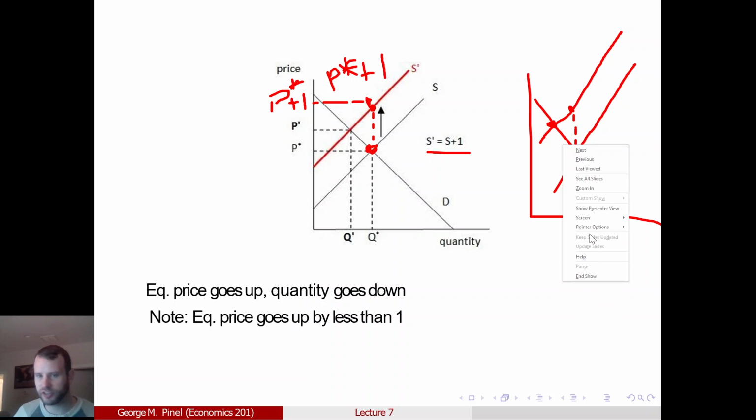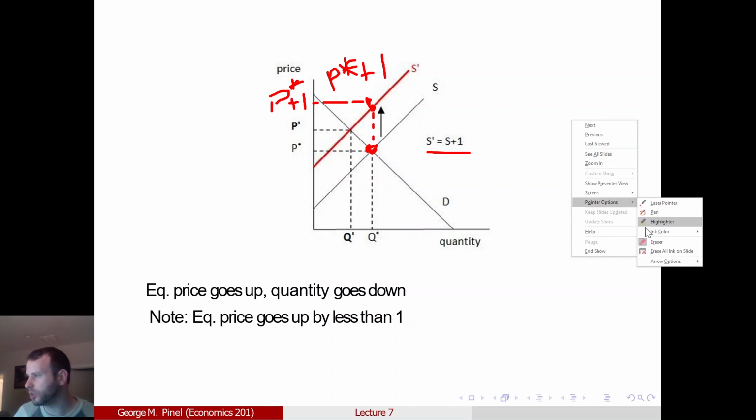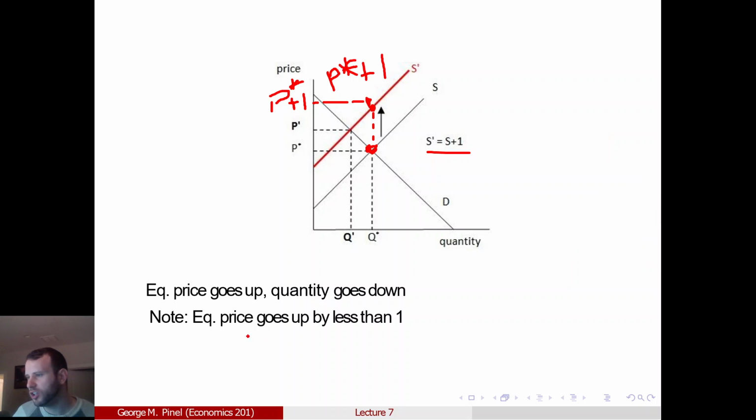That's just an aside. At any rate, the equilibrium price will be somewhere between P star and P star plus the tax.